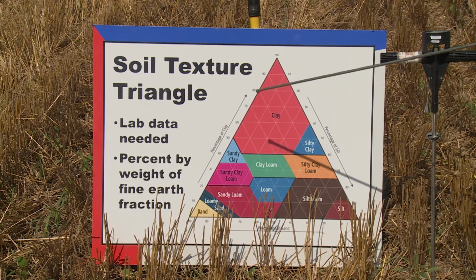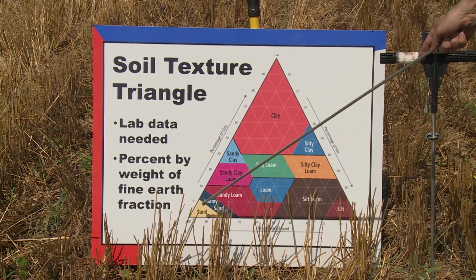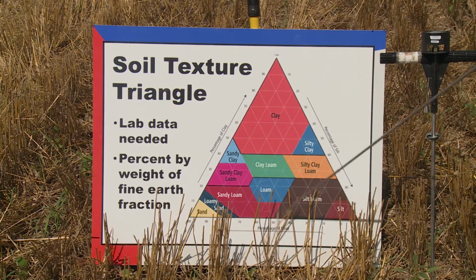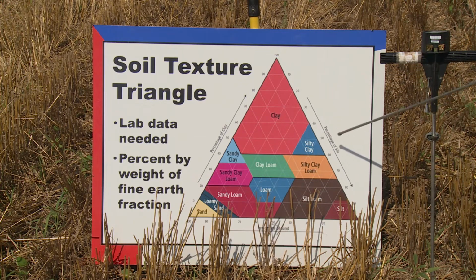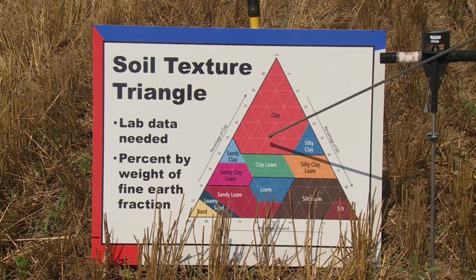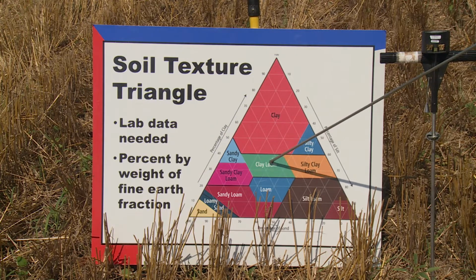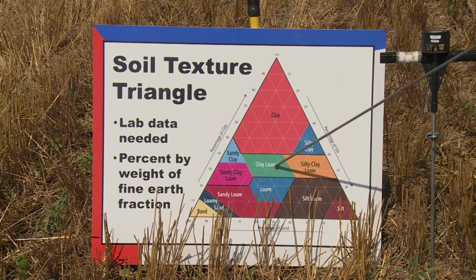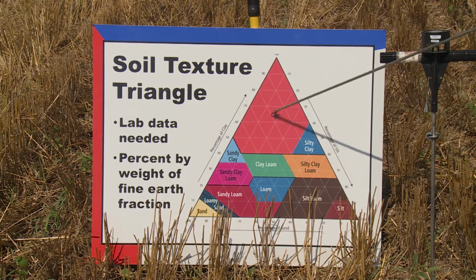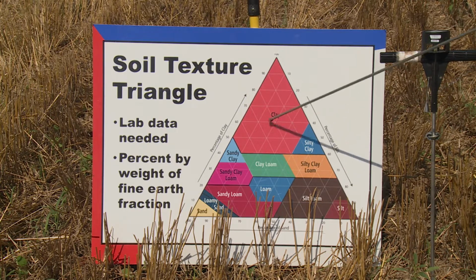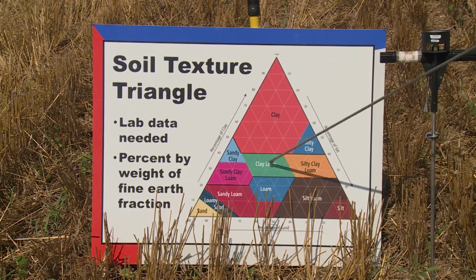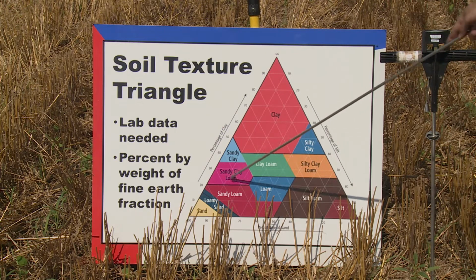The soil texture triangle is set up so that we can have three major categories: clay, sand, and silt. And anywhere on the triangle we can figure out the percent of clay or silt and sand. And it's a visual concept of how the different textures fit together.